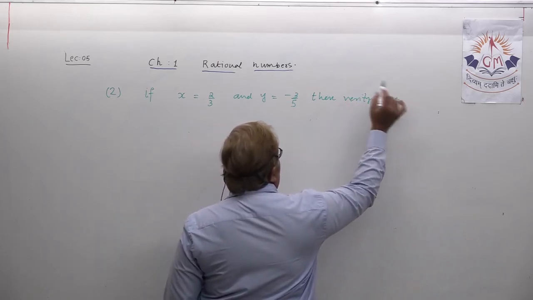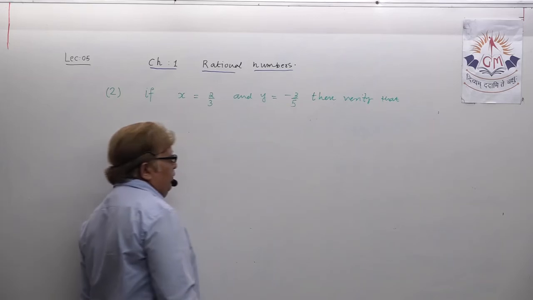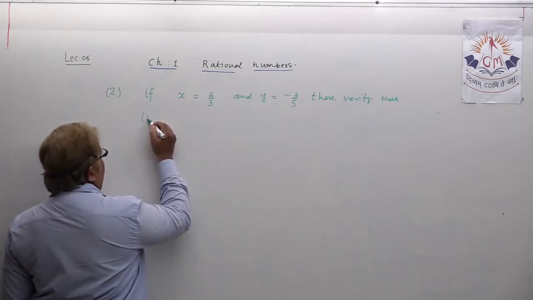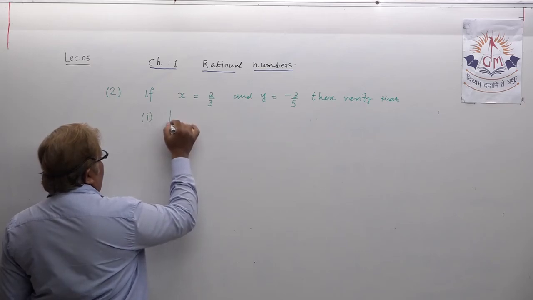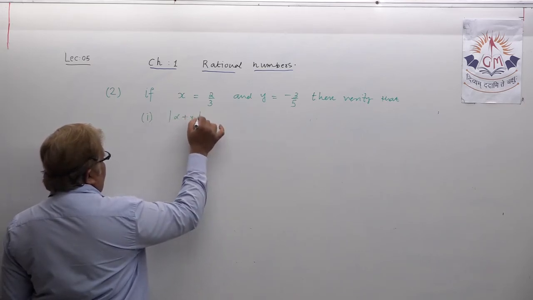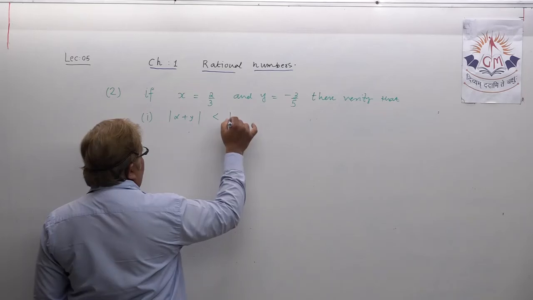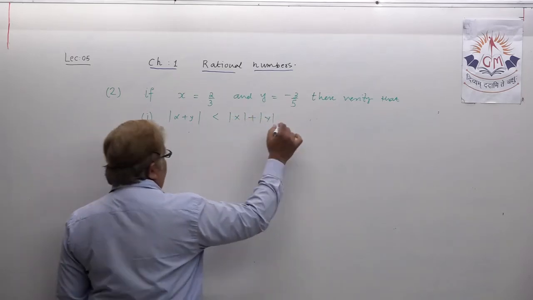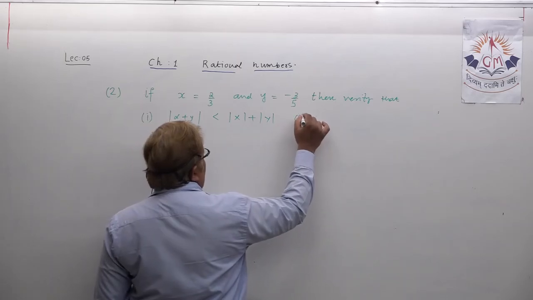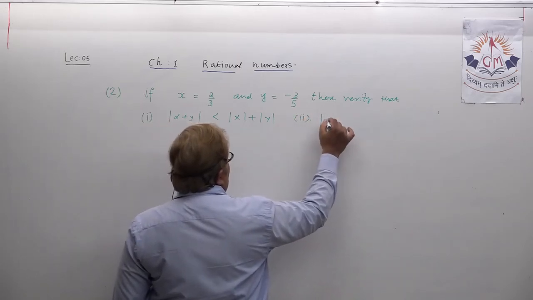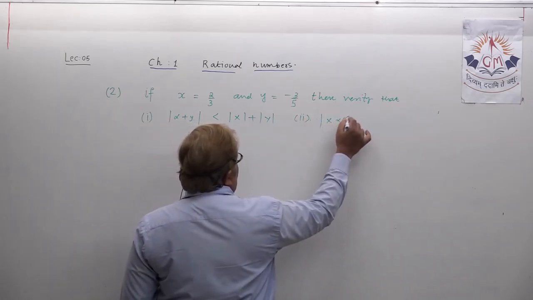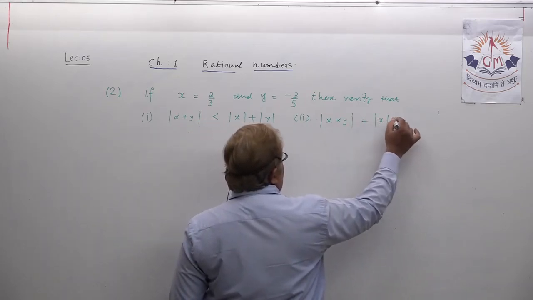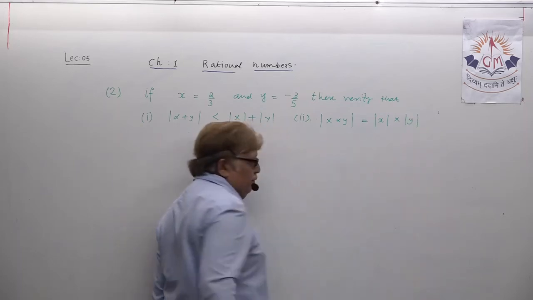that, first property to verify is modulus of x plus y is less than or equal to modulus x plus modulus y, and second one, modulus x into y equals modulus x into modulus y.